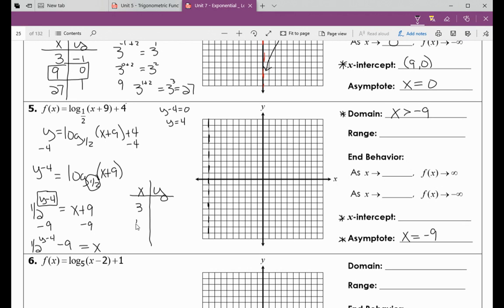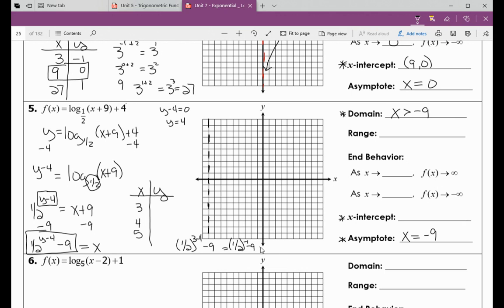So I'm going to do 3, 4, and 5. So I'm going to plug 3 into this equation. That will be 1/2 to the 3 minus 4 power minus 9, which gives me 1/2 to the -1 power.